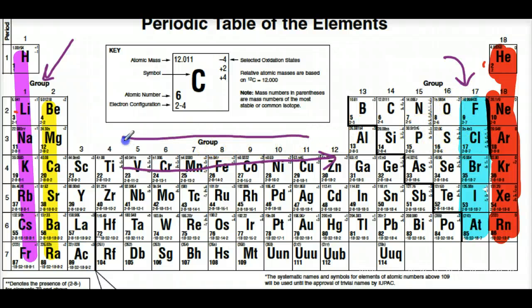As I go this way, I become more like a metal, so my metallic reactivity increases. If I go down any column, my metallic properties increase because I'm getting bigger. As I go up any group, my nonmetallic properties increase because my radius gets smaller.